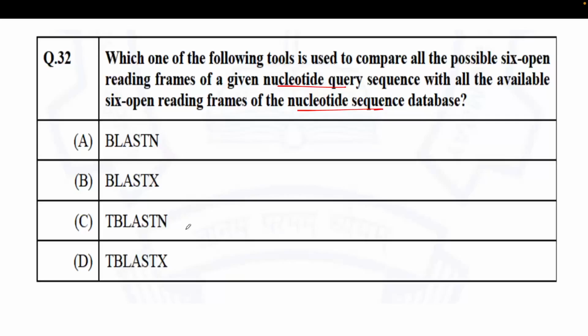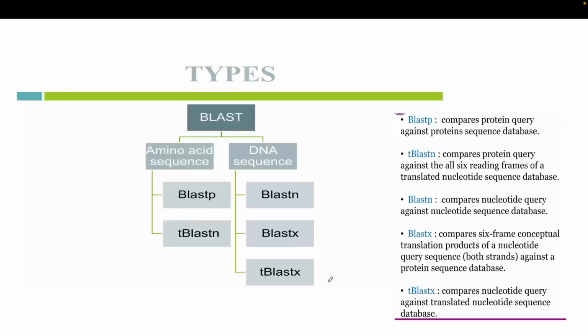We have seen that in the case of TBLASTX, which compares the nucleotide query against translated nucleotide sequence databases, all the 6 frames of the nucleotide query against the translated nucleotide sequence databases will be checked. In the case of BLASTX, it is the 6 frame conceptual translation product of a nucleotide query sequence against the protein sequence databases.